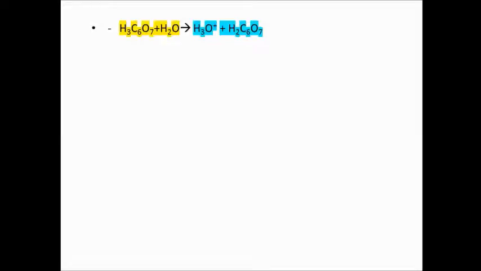Now I have already written out the ICE table for you. And you can see our products on one side and our reactants on the other side. The I stands for initial. On the left-hand side is our reactants, and those are the 0.856 molarity that we found. On the right side will just be 0.